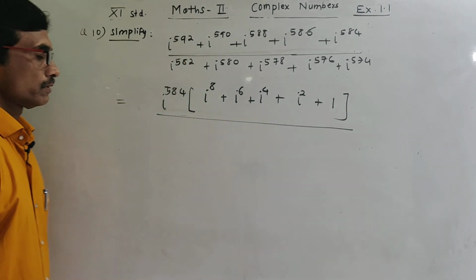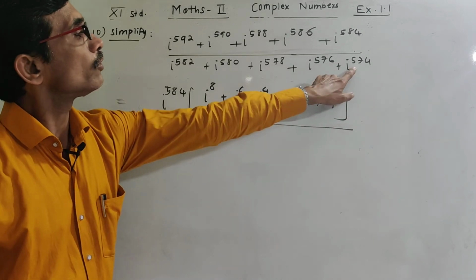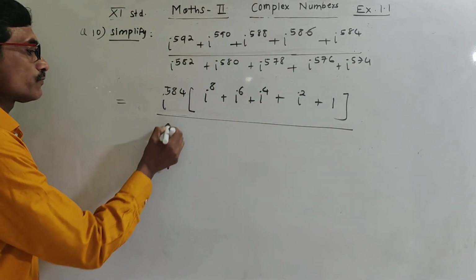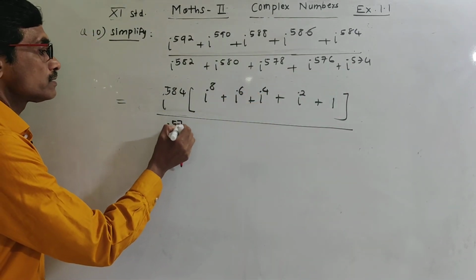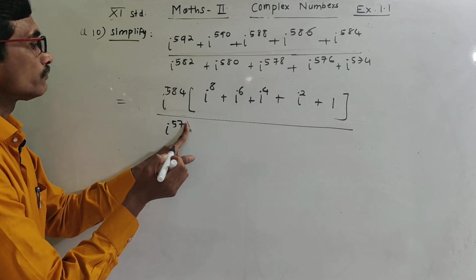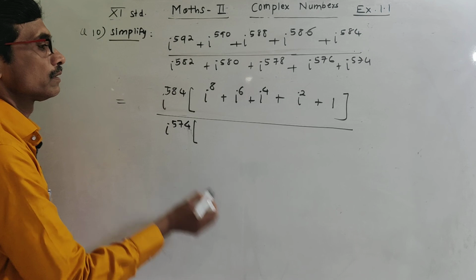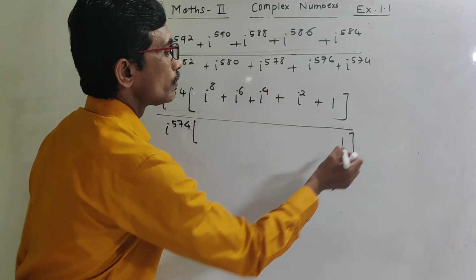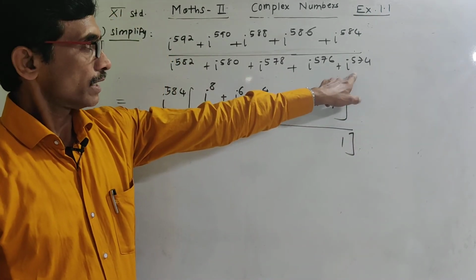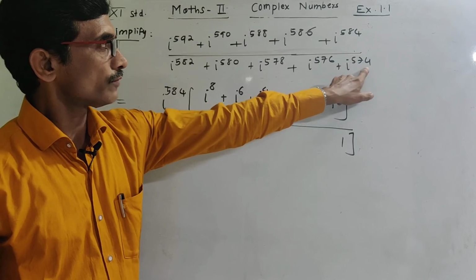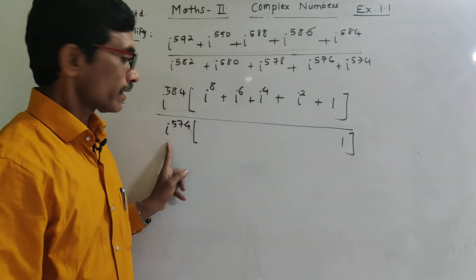Similarly in the denominator, this is the lowest power, i raised to power 574, we take common. After taking common, this lowest term gives 1, that is, this lowest power i raised to power 574, that whole term we have taken common.